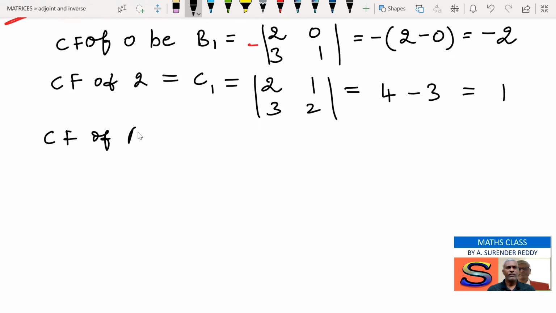Similarly, cofactors of R2, the second row.